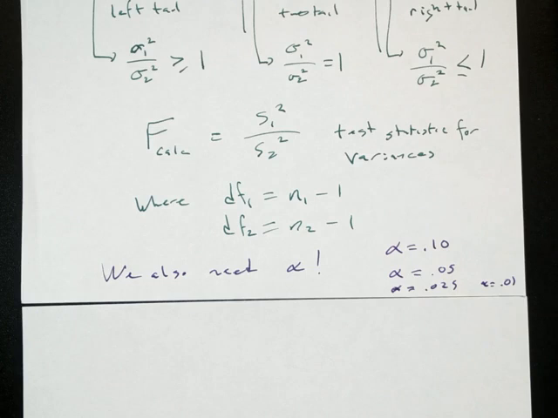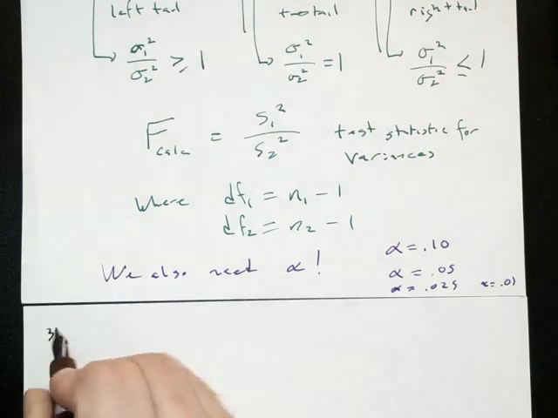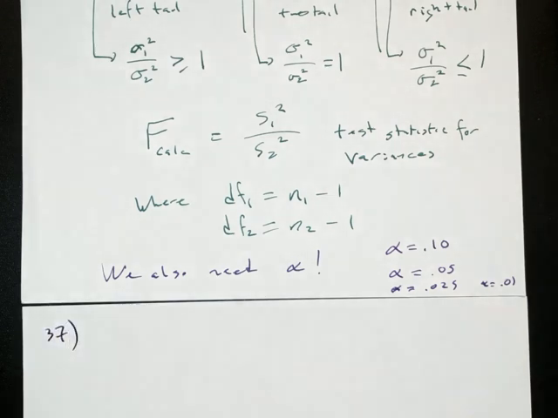So let me actually give you an example problem. Problem number 37 says, here's the problem. Which samples show unequal variances?